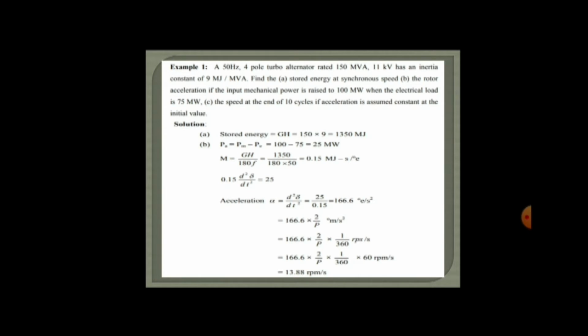So M, that is the moment of inertia formula, GH by 180F, which is 1350 by 180 into 50. You will get 0.15 megajoules second per electrical degree. So 0.15 d square delta by dt square equals 25, that is the PA value.